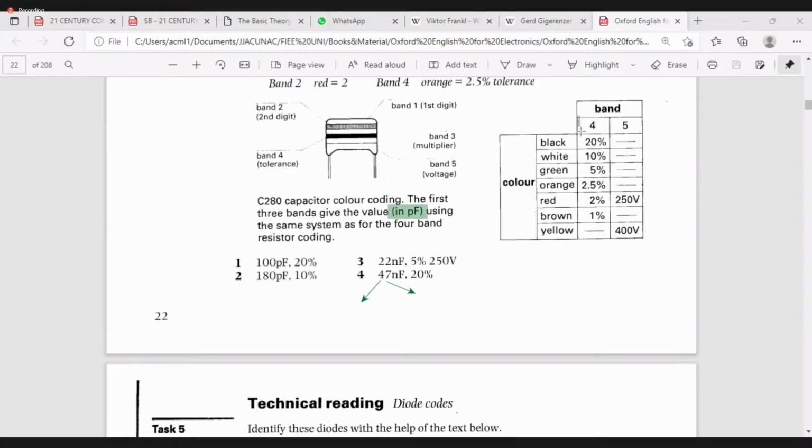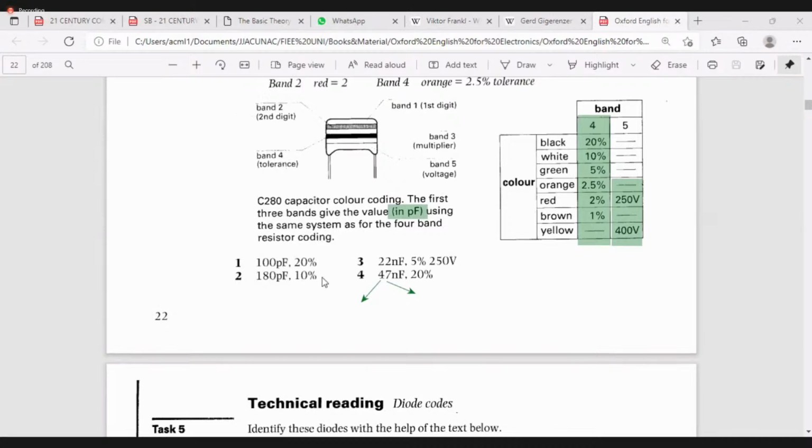The colors that correspond to tolerance are different. For capacitors, 20% is a black band, white for 10, or green for 5. And the fifth band has the voltage colors. But the digits are the same. So 4 for a resistor is 4 for capacitors too.